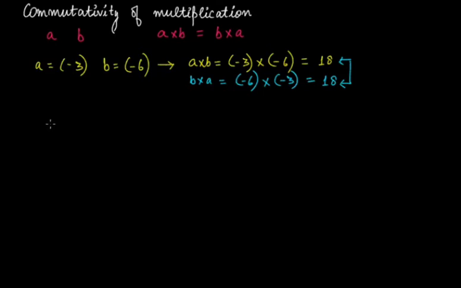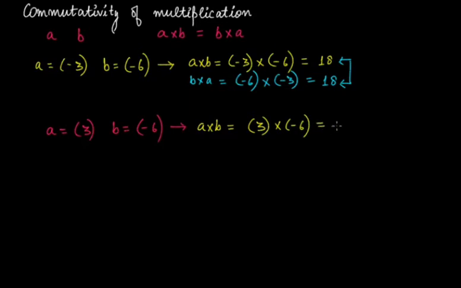Let's take a is equal to 3 and b is equal to -6. So in this case you have a times b. A times b will be 3 times -6, and this will give you -18, because only one negative integer is involved here, and since 1 is an odd number, you'll get a minus sign in your outcome of multiplication.